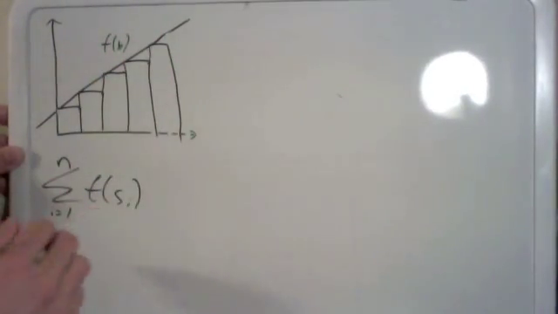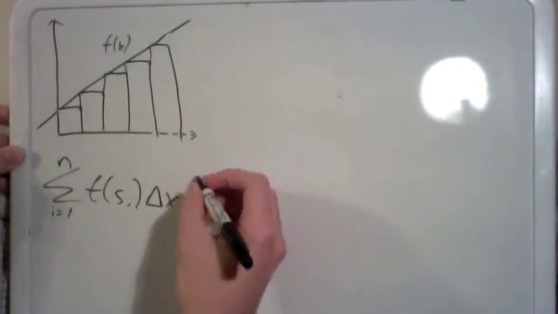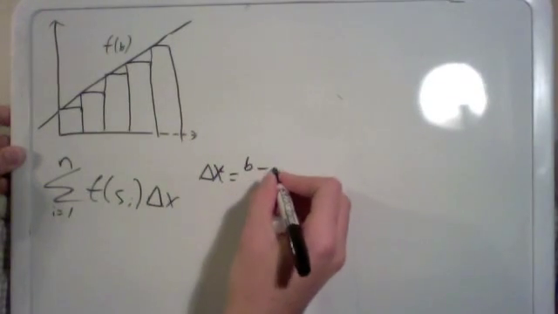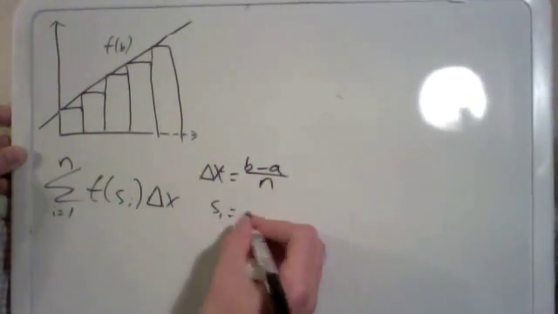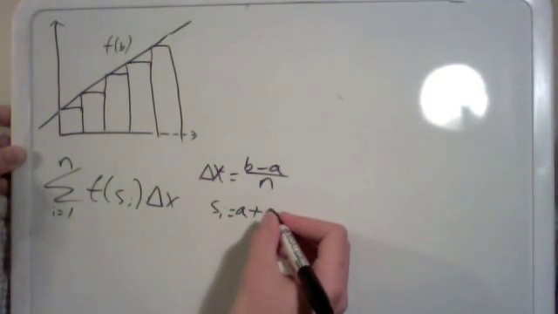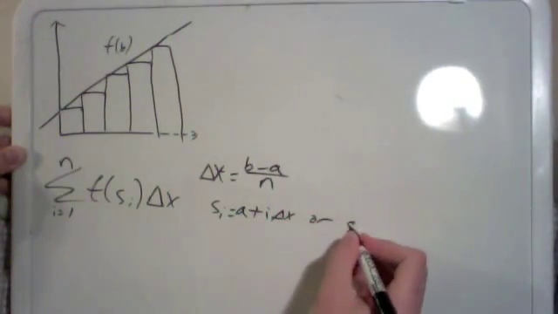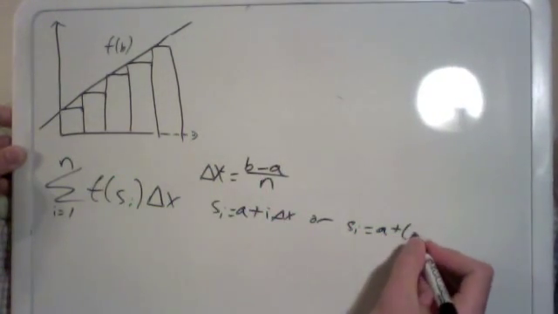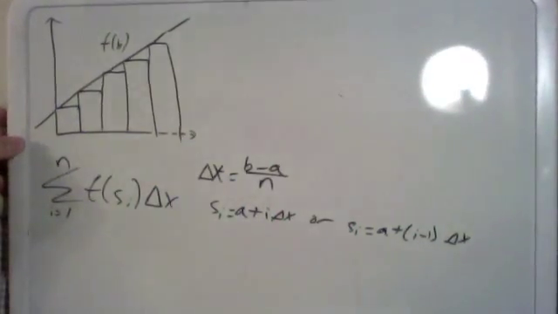Then this would be that function times delta x, where delta x is equal to (b minus a) over n, and s_i is equal to a plus i times delta x, or s_i is equal to a plus (i minus 1) delta x.